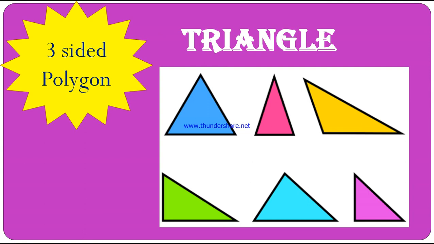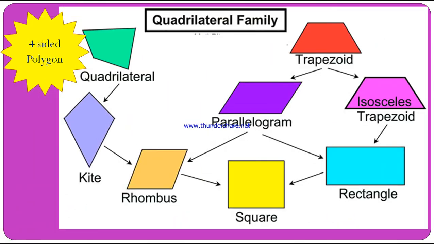Three-sided polygons are called triangles. Tri means three, angle. This shape has three angles. That's why triangle. Four-sided polygon is called a quadrilateral. Quadri means four, lateral means sides.